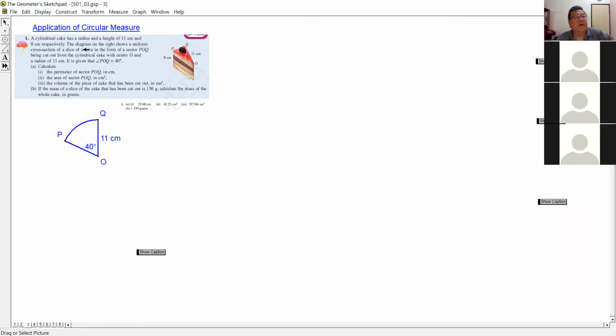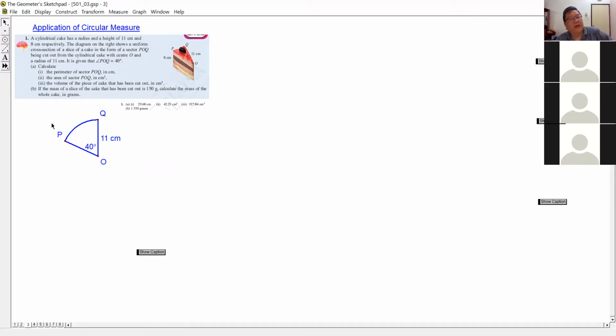The diagram shows a uniform cross section of a slice of cake in the form of a sector POQ being cut from the cylindrical cake with center O and radius 11 centimeter. Given that angle POQ equals 40 degrees. So I have drawn out the piece of cake here.